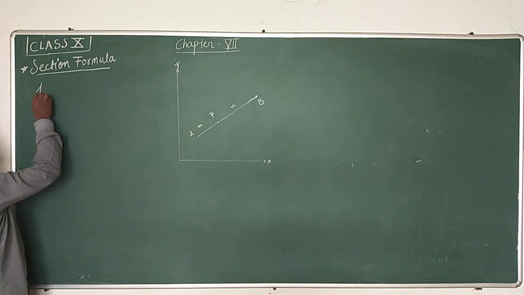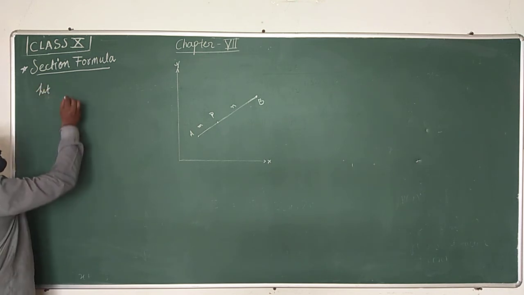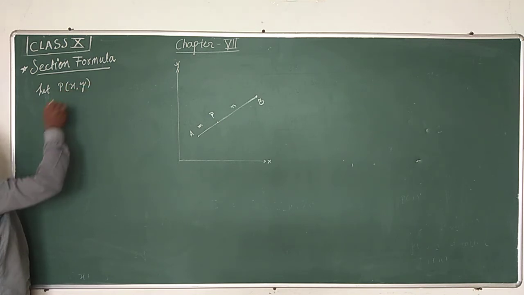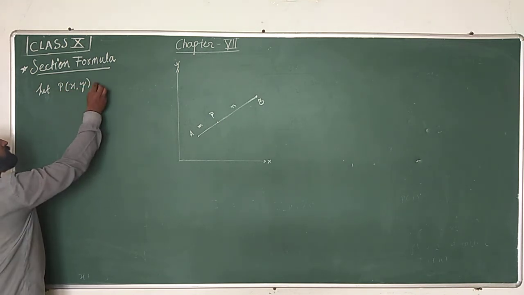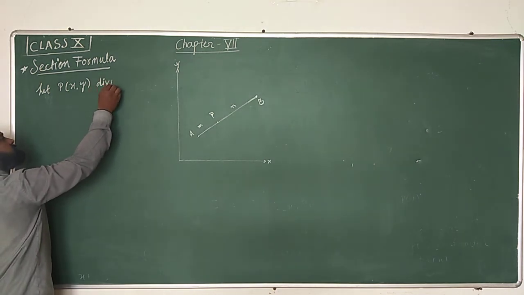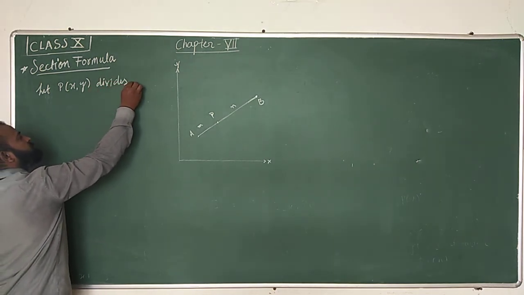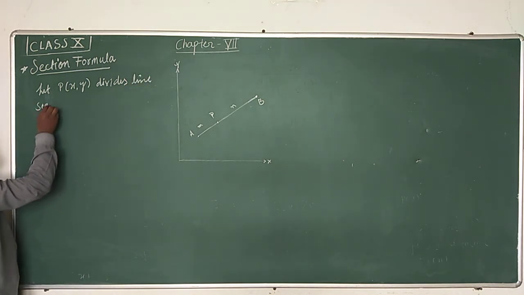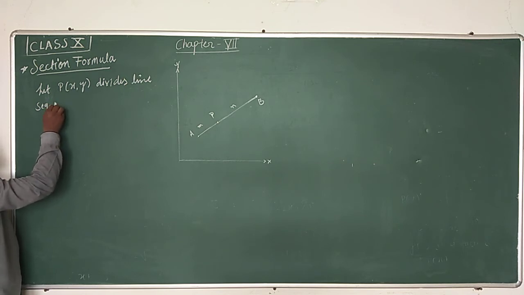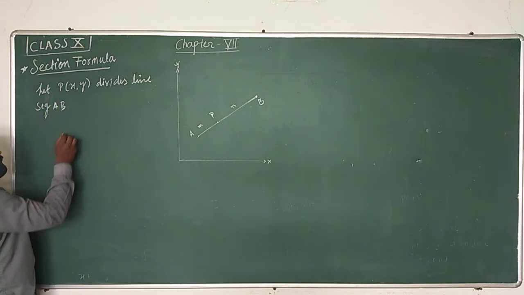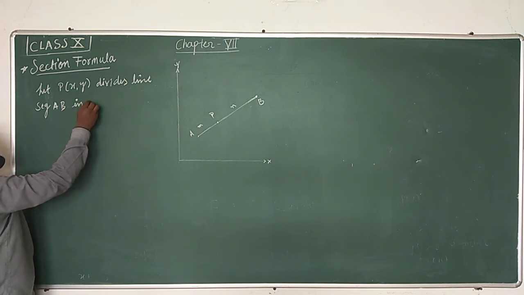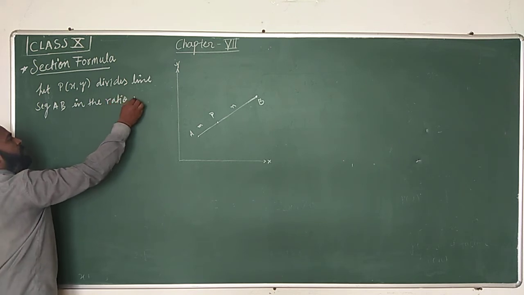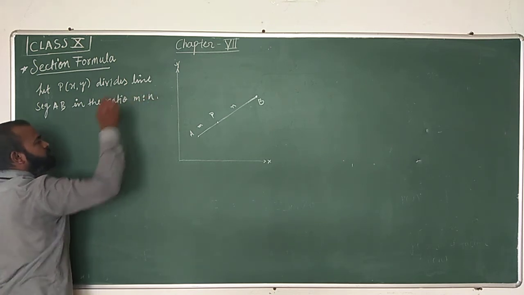Let the coordinates of P be x comma y. Suppose P(x, y) divides line segment AB in the ratio m:n.